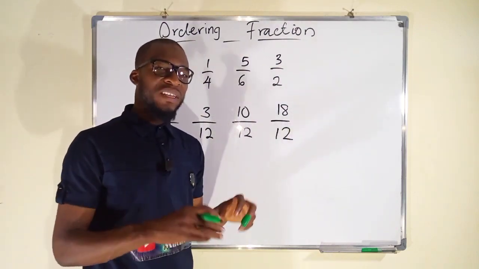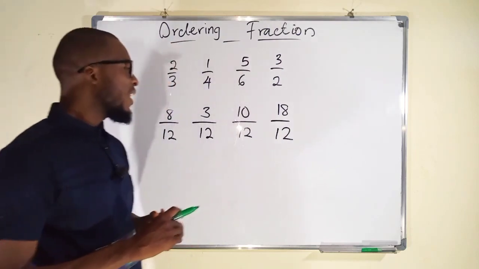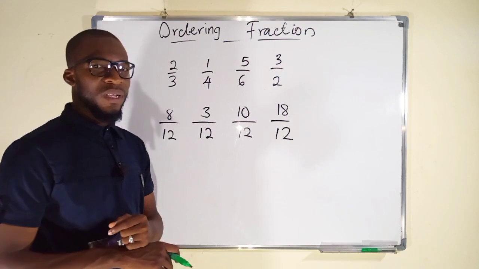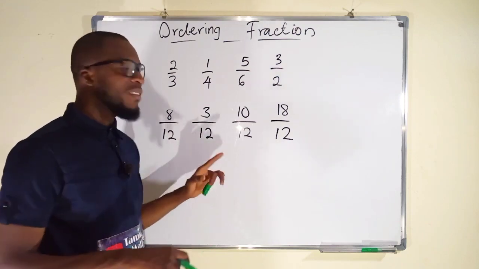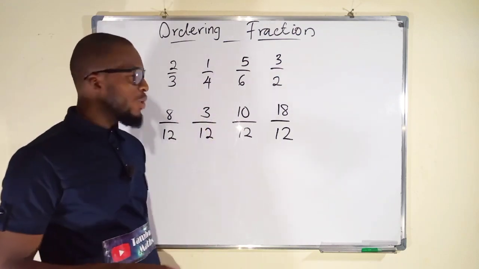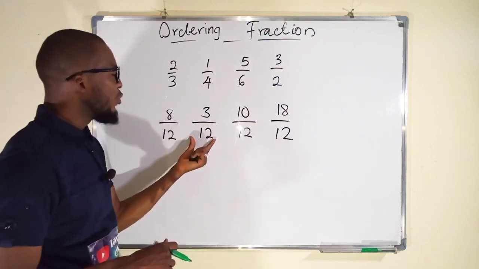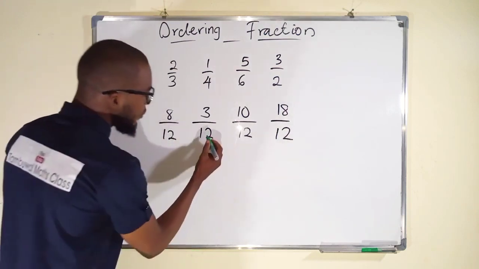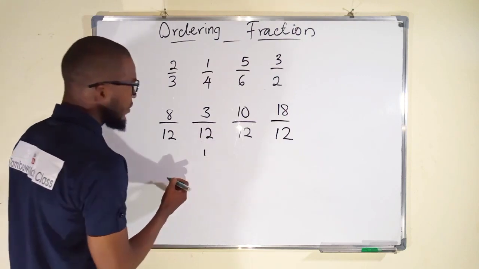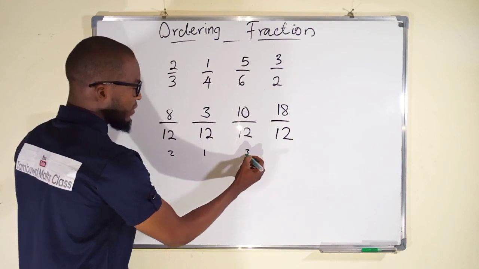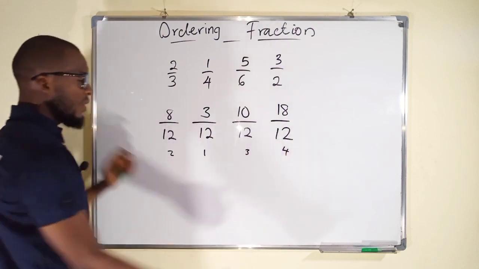So the smallest one is the one that has the smallest numerator. And the biggest fraction here is the one that has the biggest numerator. So this is the biggest fraction here, while this is the smallest. So we are going to start with this one. This is the smallest, followed by this, followed by this, and lastly this.